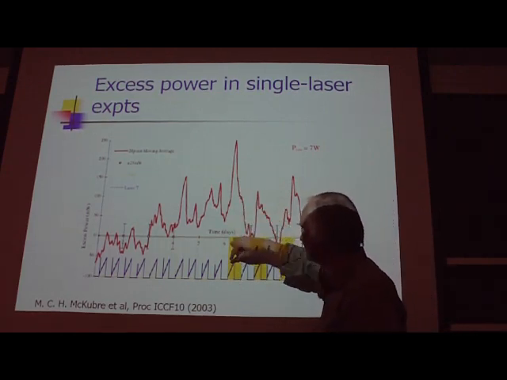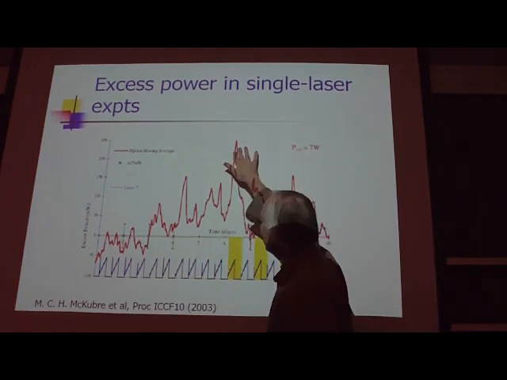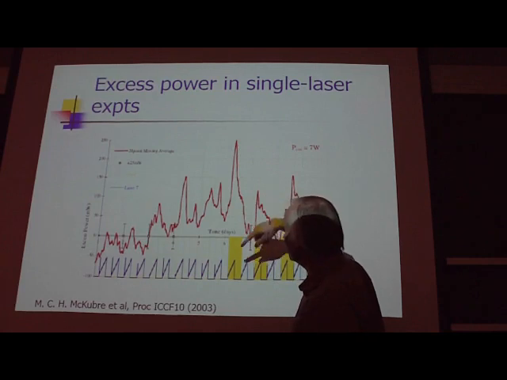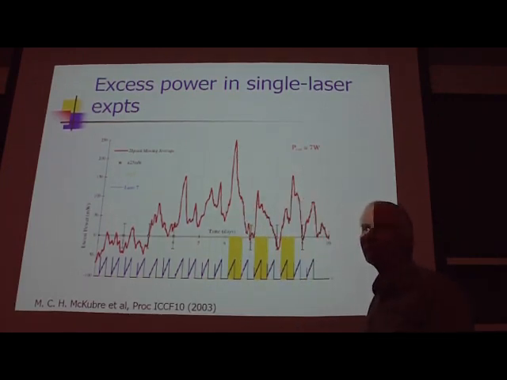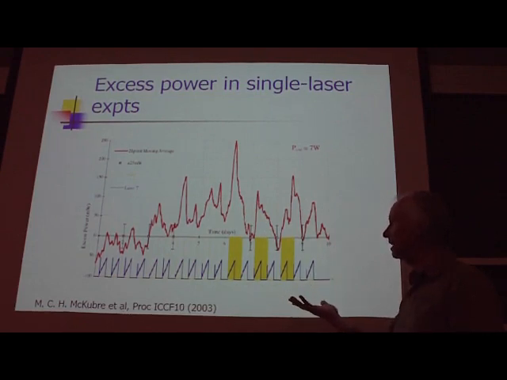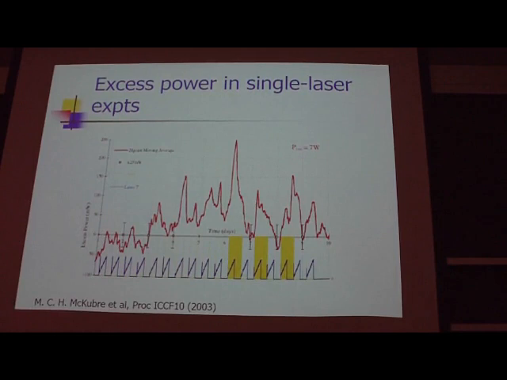In this case, here's the laser turning on and scanning. Here's the largest event, 250 milliwatts. When the laser turns off, things start coming down. So this is a replication of the basic effect.